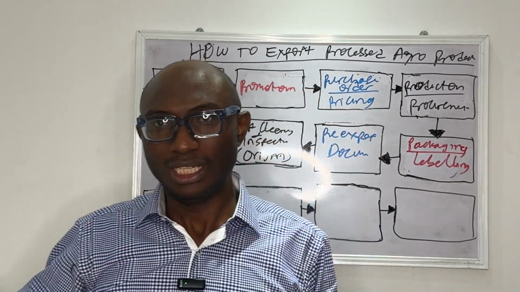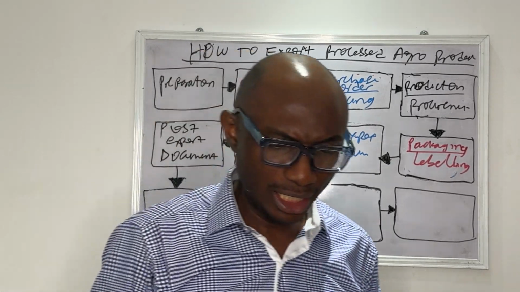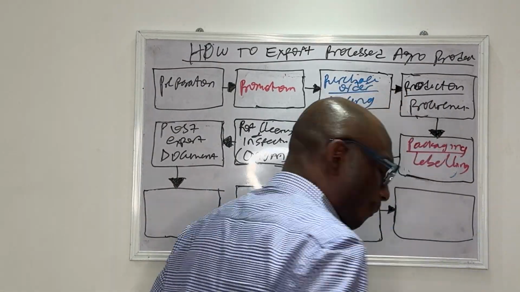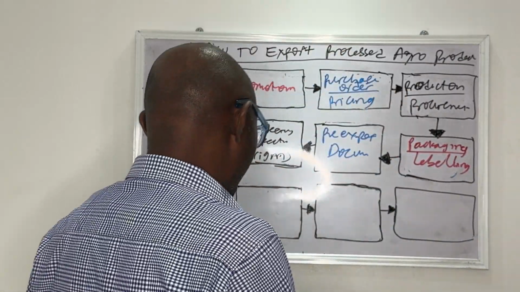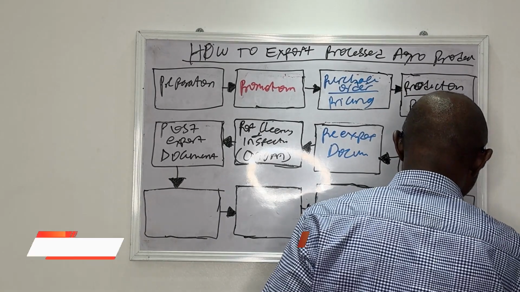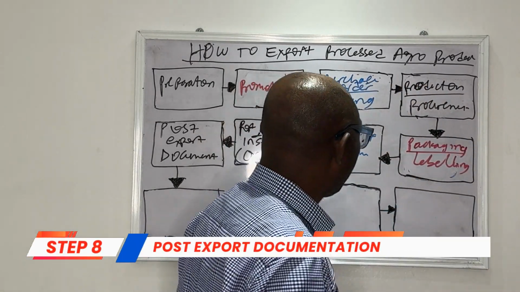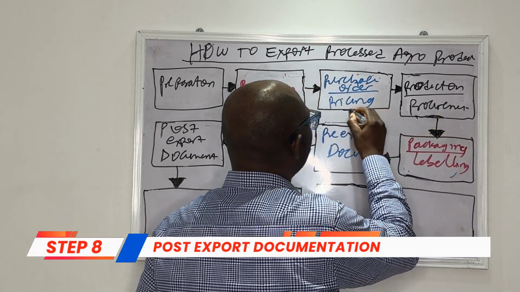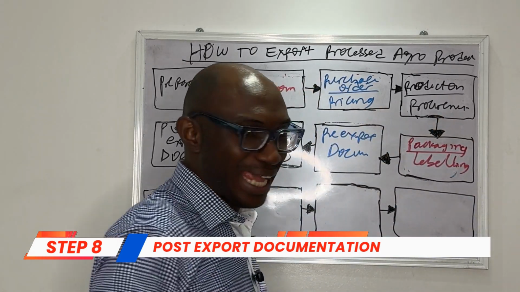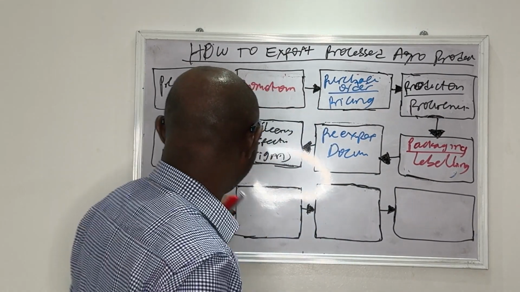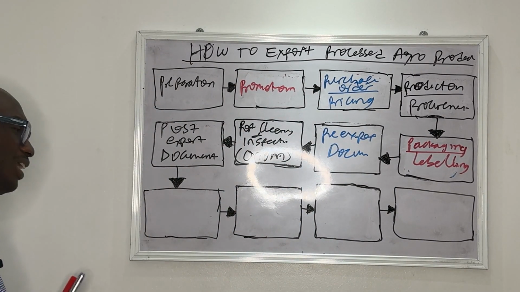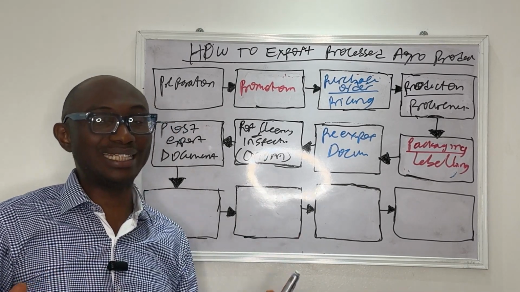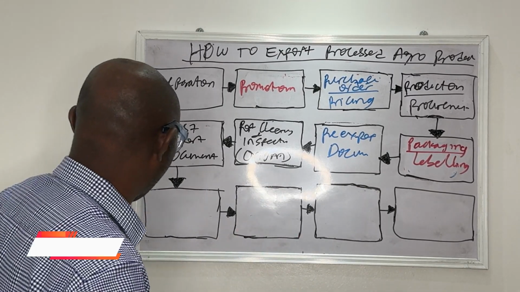A pre-export document is a document you need to present to the government before you ship. The government agency checks that you have a clean bill of health and that you can go ahead and do the shipment. Post-export documents will be like a bill of lading, invoice, packing list, manufacturer certificate, certificate of analysis, and any other document that may be required.